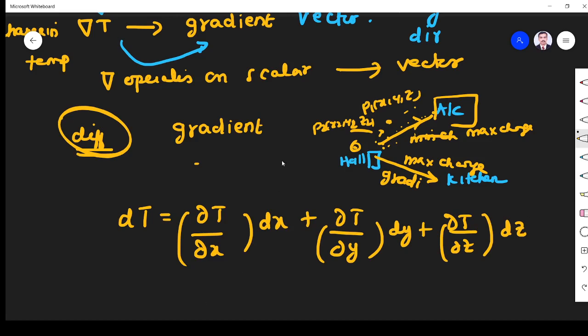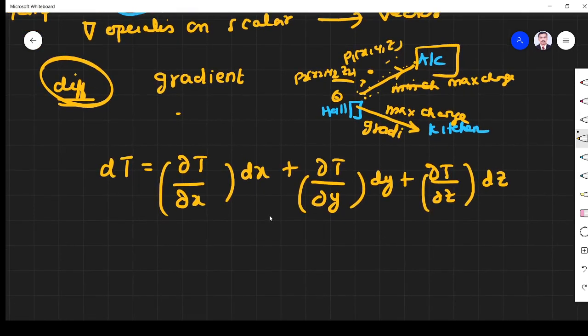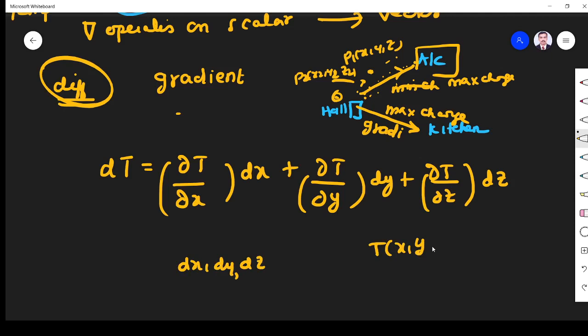This tells us how T changes when we alter all three variables by infinitesimally small amounts dx, dy, dz, because T is a function of all three variables. T changes in all x, y, z directions when we move from one point to another. This equation tells us how T changes when we alter all three variables in all three directions. That is what we want to find.